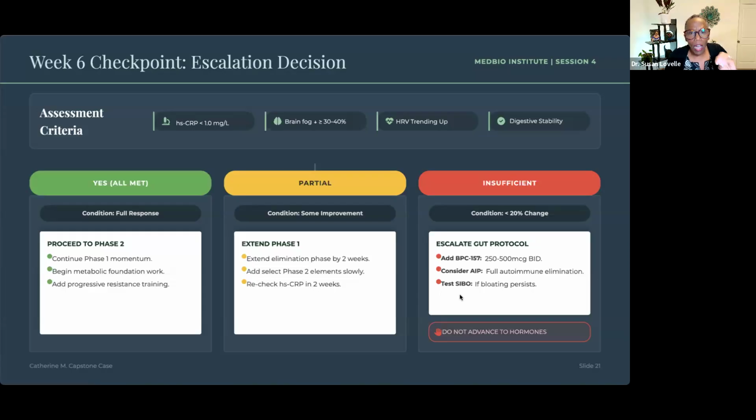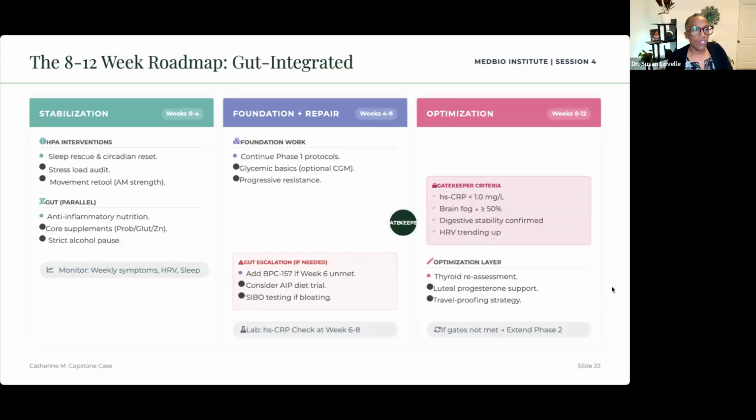Now, if we're doing all of the eating right, getting the sleep, and we're still struggling with that gut, you might want to look at either a stool test, or there are specific tests just for SIBO. So if bloating is one of the biggest things she's struggling with, then that might be something you can do. And at this point, you're not going to want to start slamming hormones on top of everything.